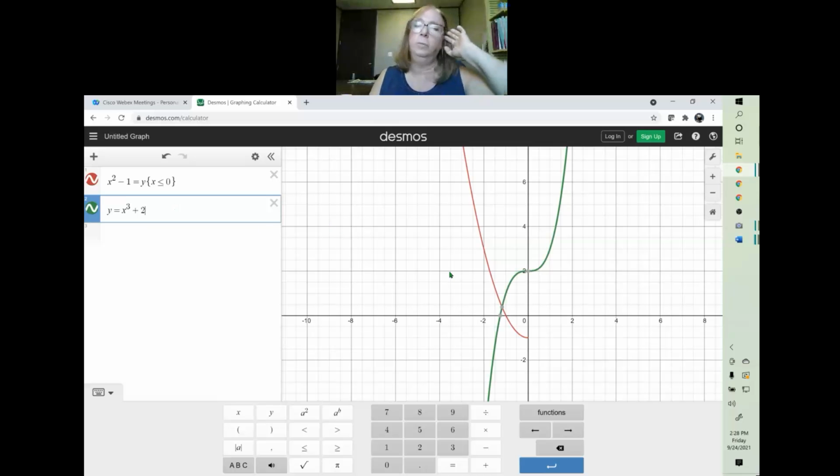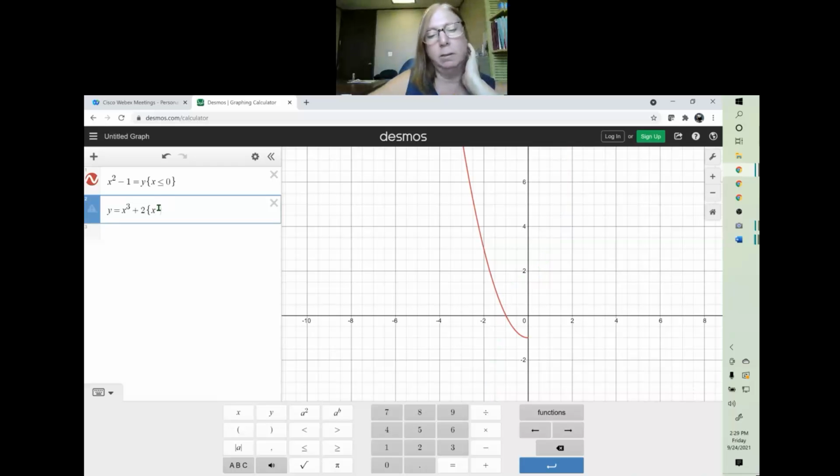So x cubed kind of looks like a snake, but we only want the part where x is greater than 0. And so when we write that in, x greater than 0, it took away the part we didn't need.